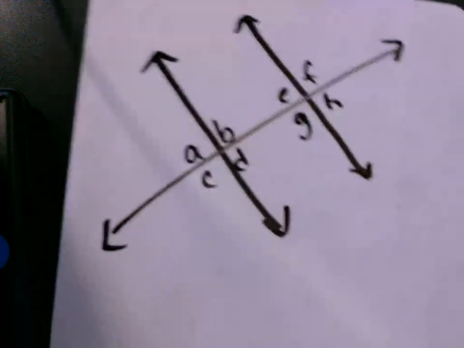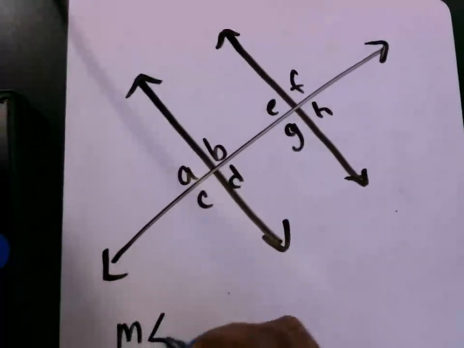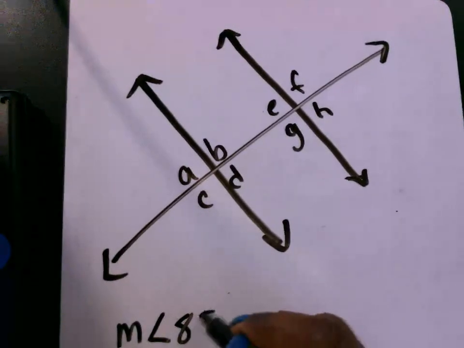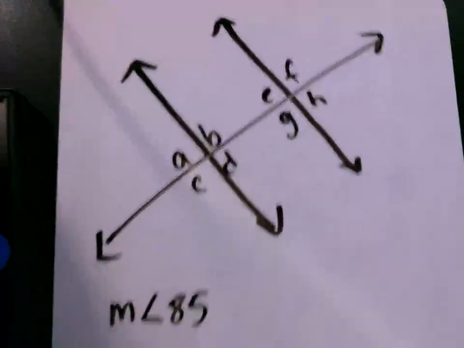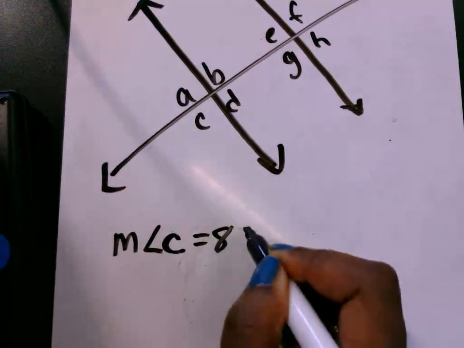Let's suppose this time that the measurement of angle C is 85. So C is 85.